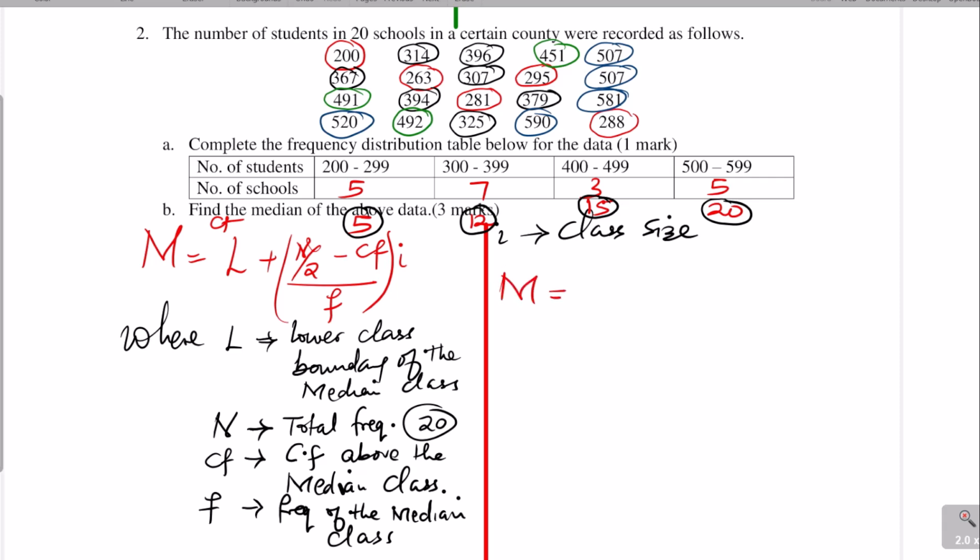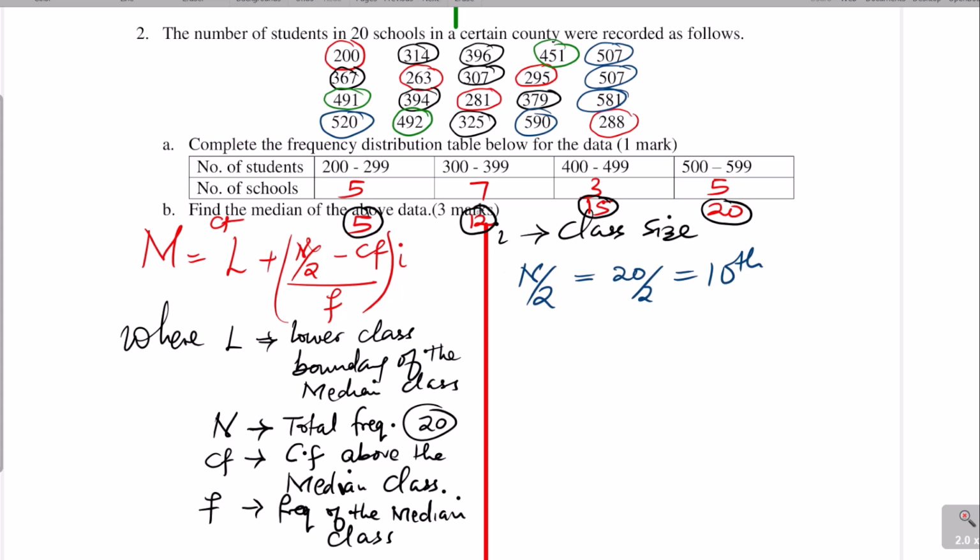Before we go to the median, we need to identify the median class, and this is how we're going to do it. We get the median class by getting N divided by 2, where N is the total frequency. This will give us the position of the median class, and we get the 10th position. Where does the 10th position lie in the cumulative frequency?